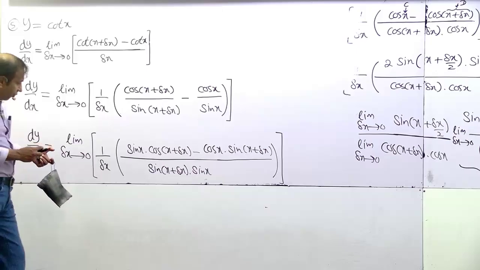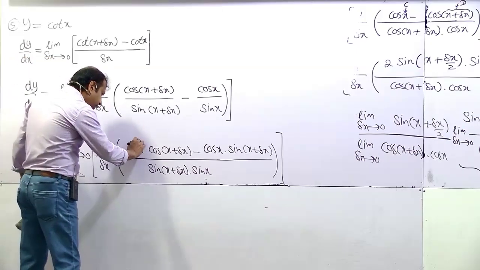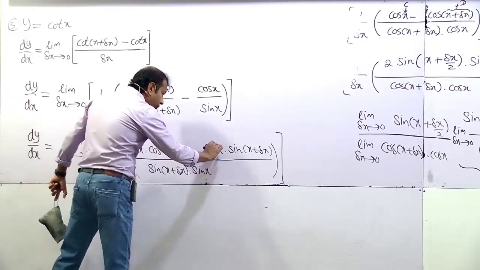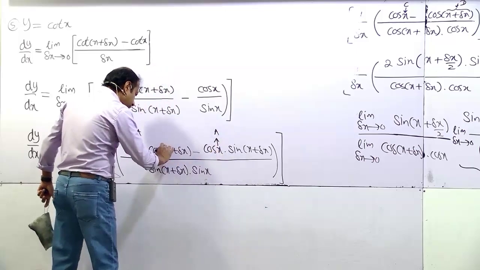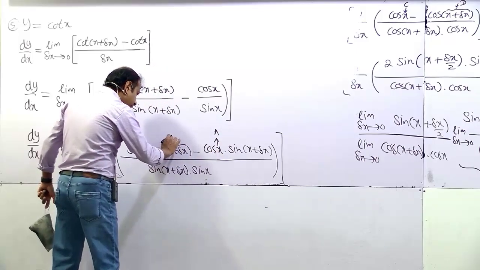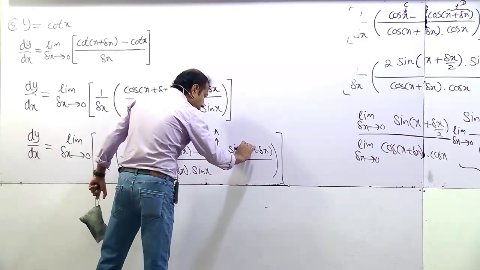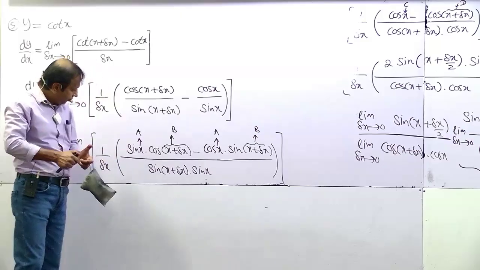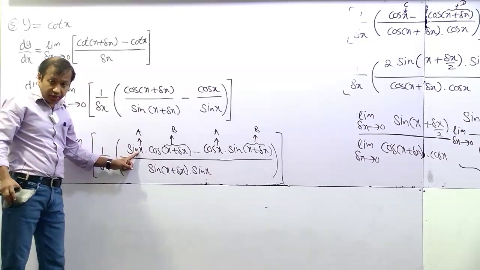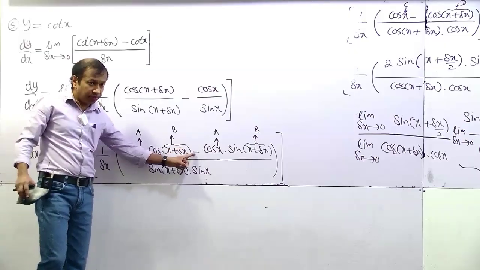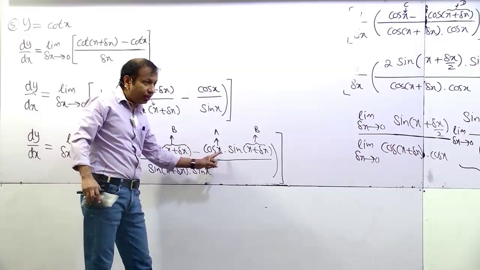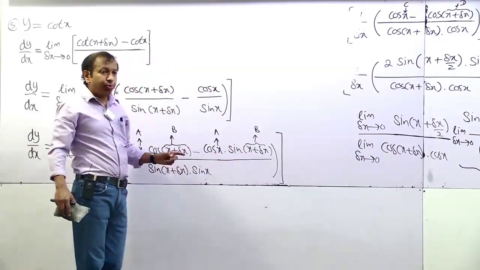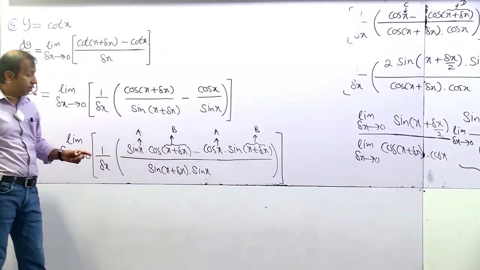Now, here if I take this x as angle A, here also we have A. If I take this x plus delta x as angle B, here we have angle B. Then see what we have here, sin A cos B minus cos A sin B. That expansion is coming by what?